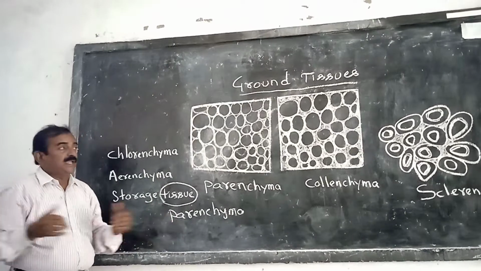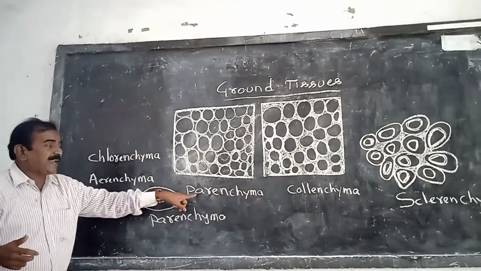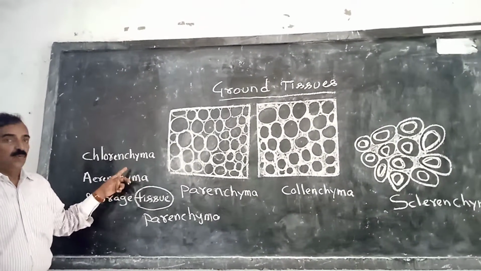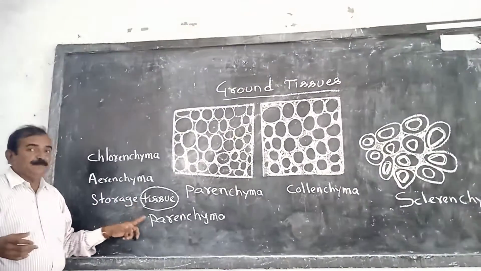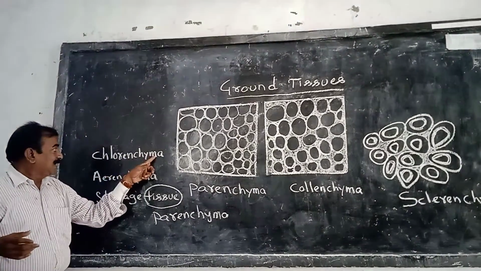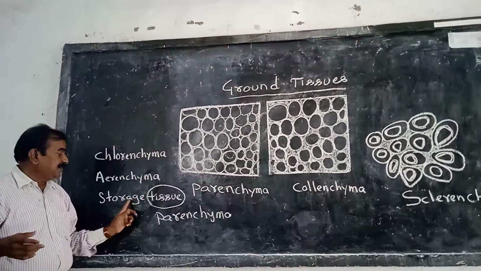How many types of parenchyma are there? Three. What are they? Chlorenchyma, aerenchyma, storage parenchyma.